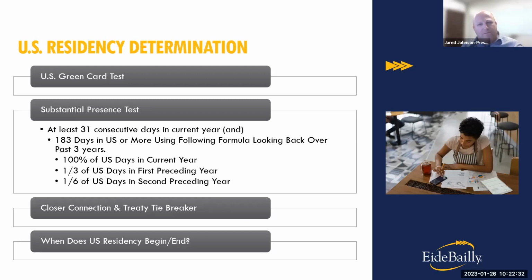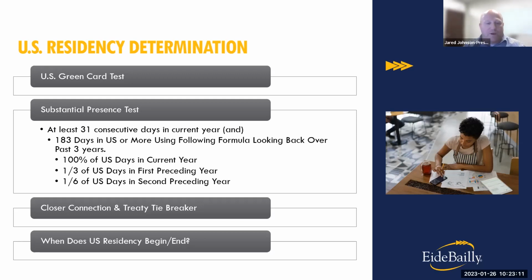The problem with that approach versus a closer connection, and why there's a distinction between the two, is the US rules require you, if you're claiming non-residency under a treaty position, to still file informational returns in the US. I'll go through what those are in just a minute. That can be very cumbersome and a big burden. So if you're going to claim non-residency after you met the substantial presence test, we prefer doing it under the closer connection.